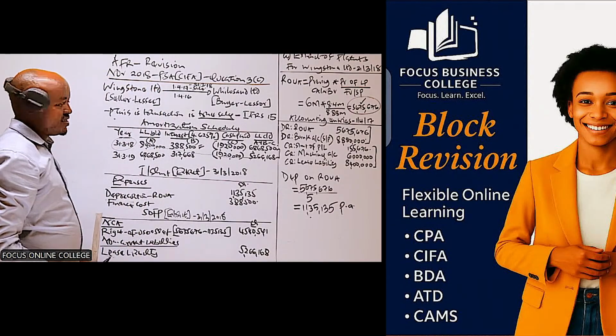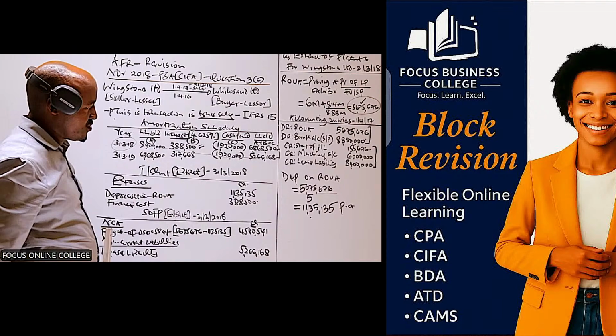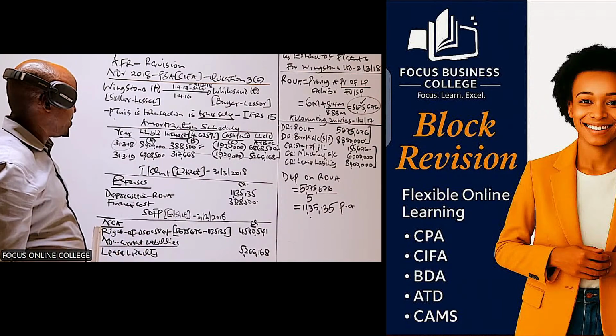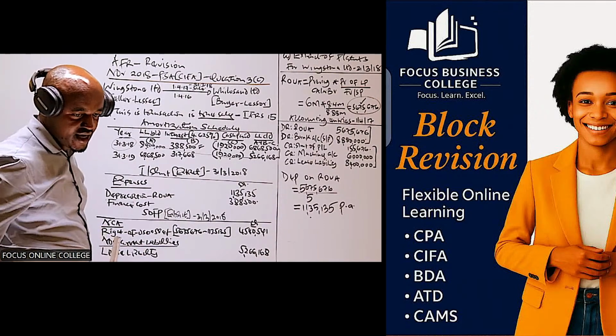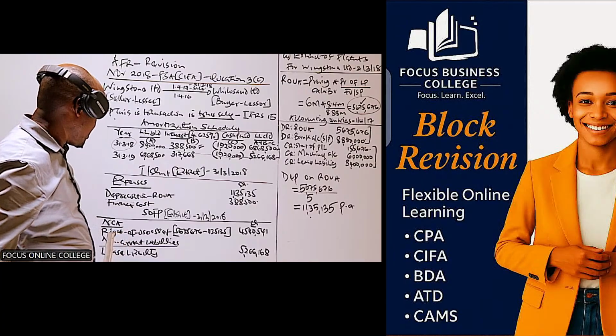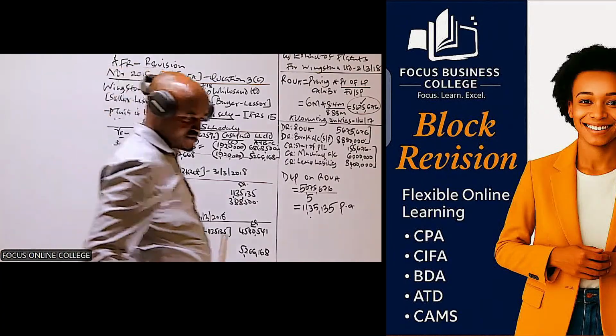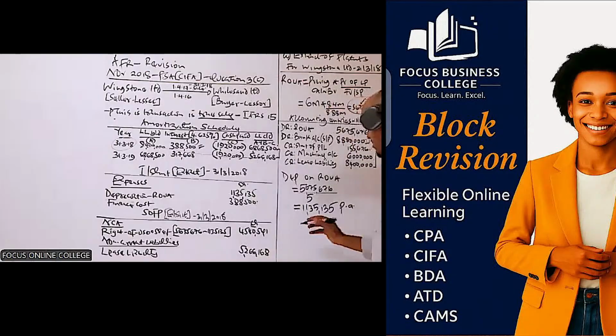Then from there, we determine the amount to be recognized as a current liability, and we can just record it here.